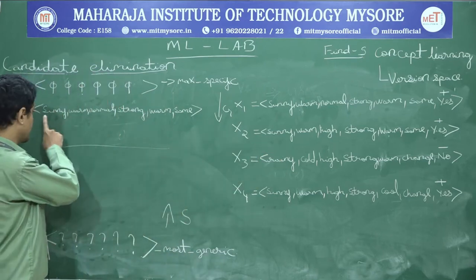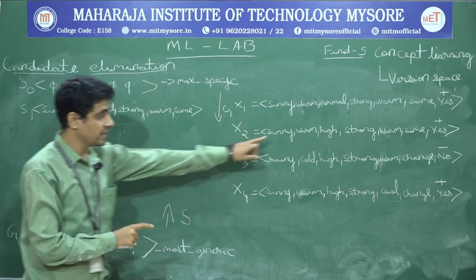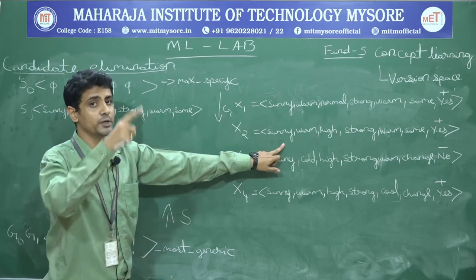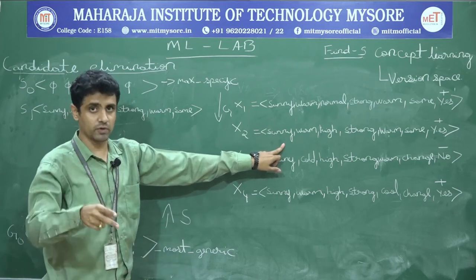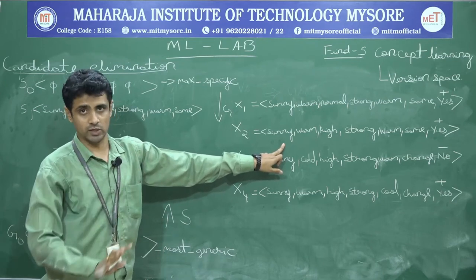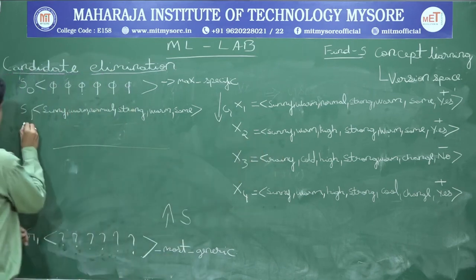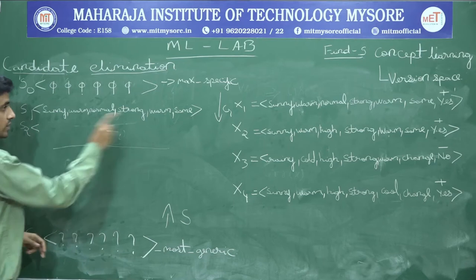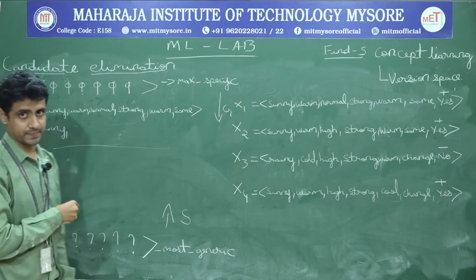My current specific hypothesis is S1. If any two attributes have the same value for the corresponding position, keep it; if they differ, I need to replace with a question mark. Same as your Find-S algorithm. Sunny, sunny, both are the same, so I'll retain it as it is.